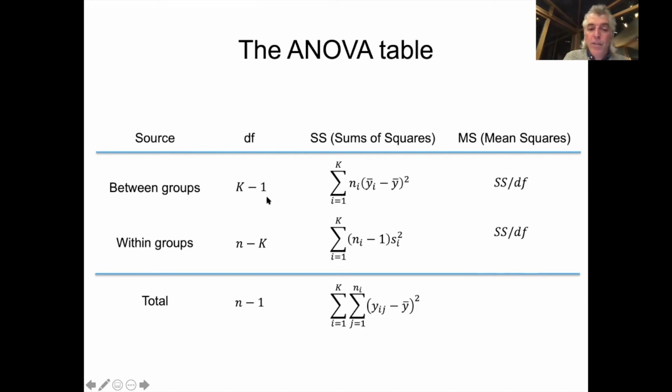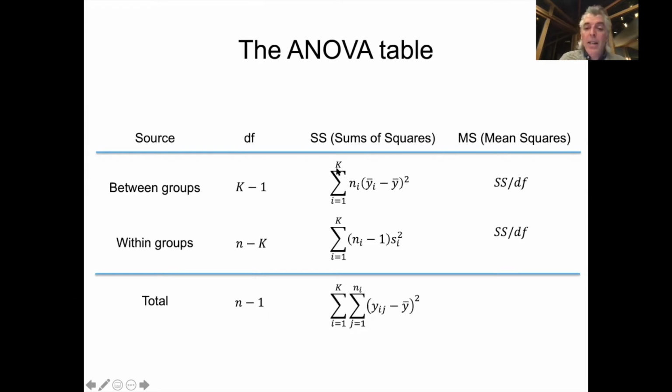So our degrees of freedom for our between group effect is equal to the number of groups minus 1. So in our ground squirrel example, that was 3 minus 1 equals 2. Our degrees of freedom for our within group effect is the total sample size minus the number of groups. And our total degrees of freedom is the total sample size minus 1.